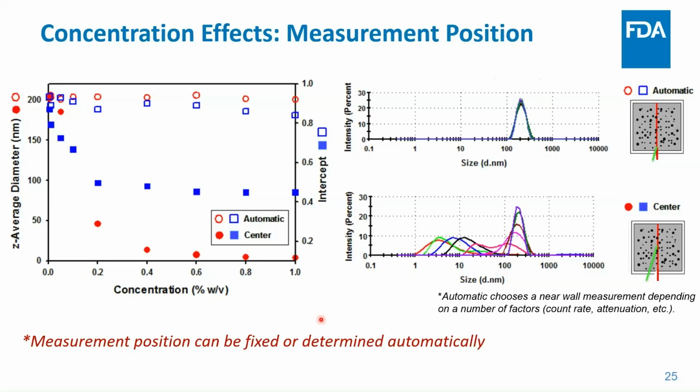When you're trying to compare two things, if they aren't at the exact same concentration, and you have slightly different numbers of particles in the system, and you use an automatic setting, what you'll see in the reports is that oftentimes things like the measurement position are slightly different, the laser attenuation index is slightly different, maybe the count rates look the same possibly, but that's because they've changed those two things.